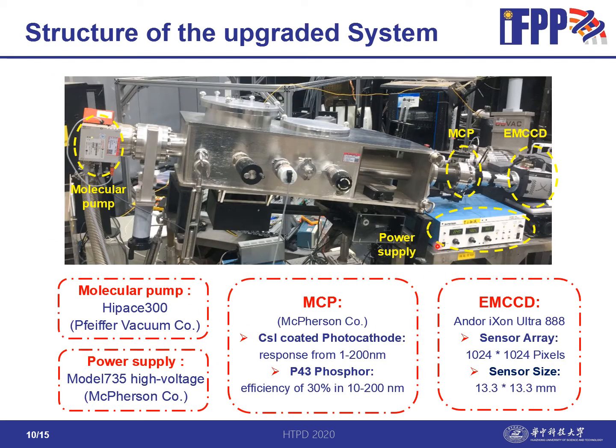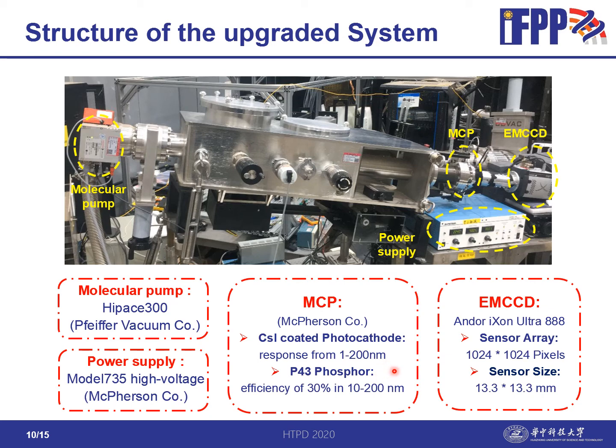Here's the structure of the VUV system on the JTAC tokamak. The MCP is the key part in the whole system. It is installed with the photocathode and phosphor to work as a photomultiplier. The photocathode is coated with cesium iodide for its suitable response wavelength range from 1 to 200 nanometer. Besides, the linear detection efficiency of the cesium iodide-coated photocathode is about 30% in the wavelength of 10 to 200 nanometer.